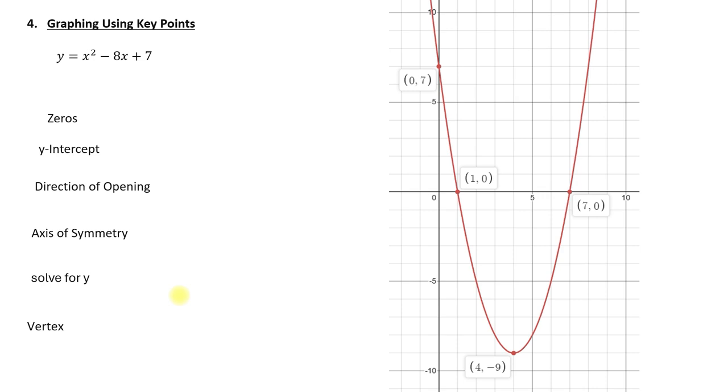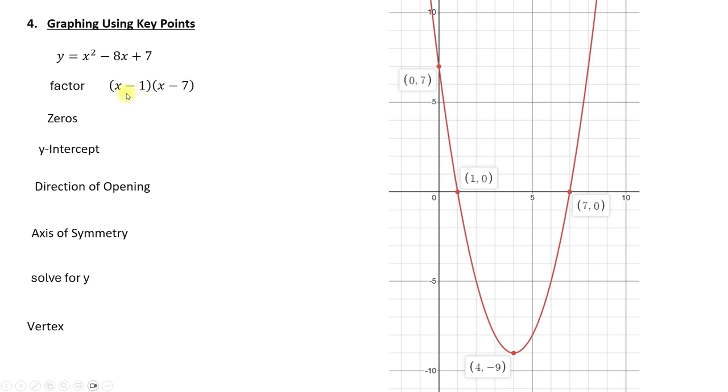Here we're given another equation and asked to graph using the key points. Y equals x squared minus 8x plus 7. So to get our zeros, or x-intercepts, we simply factor this. We're looking for numbers that add together to be -8 and multiply together to be +7.